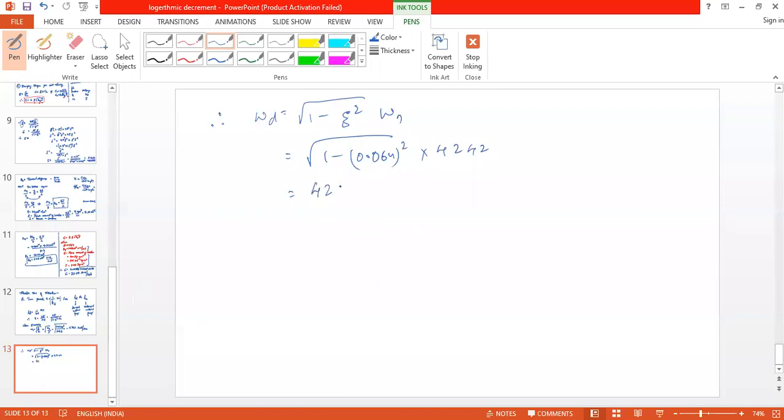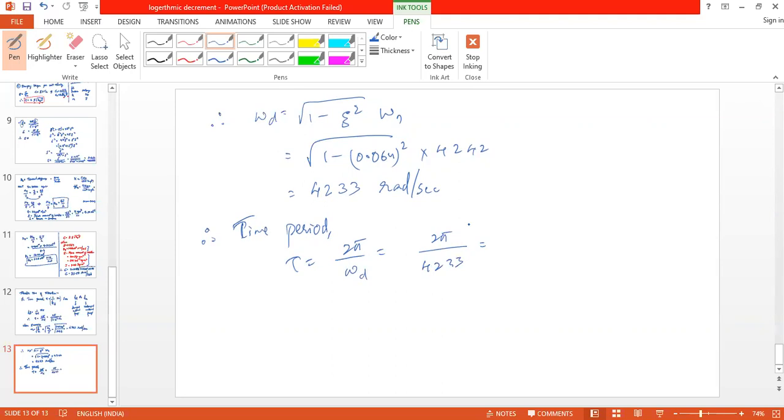So it is 4233 radians per second. That is the damped natural frequency. Therefore, time period tau is equal to 2 pi by omega d, that is equal to 2 pi by 4233.